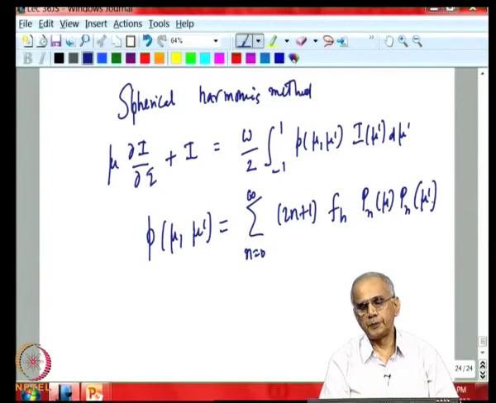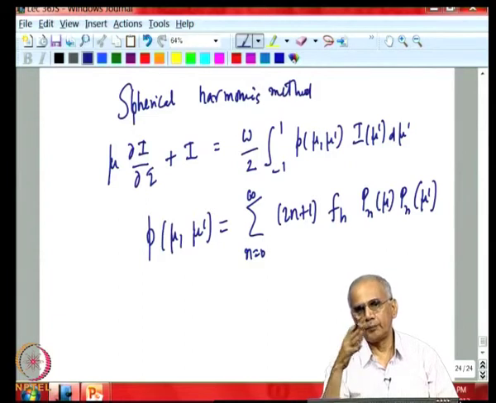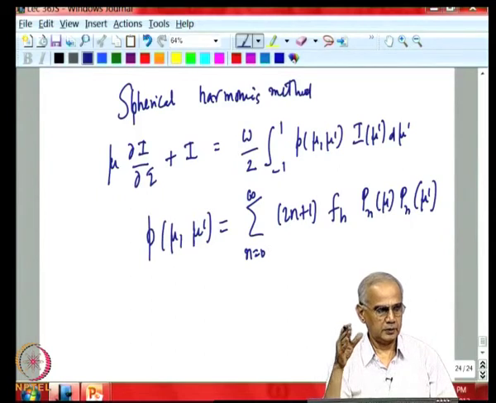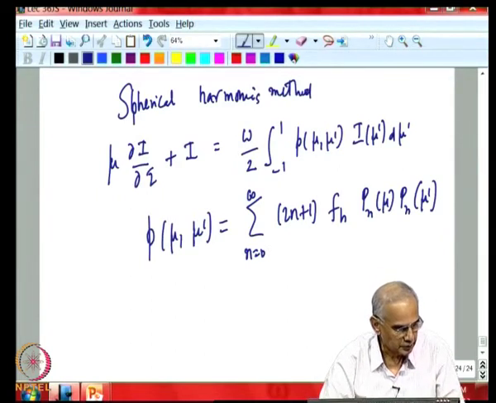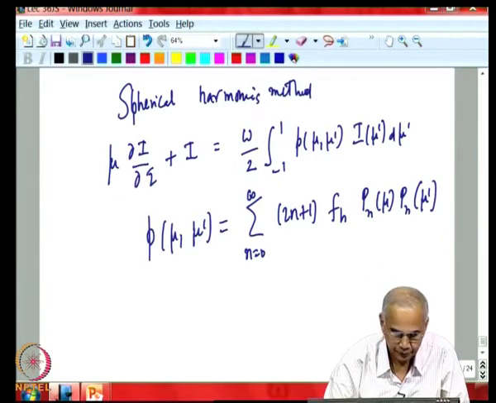So, this is based on the experience that although in the case of Mie scattering we know that the phase function has a very complex dependence on mu and mu prime, in spite of that, we know that we can expand that complex phase function in terms of Legendre polynomials, which is a typical optimal function for these applications.